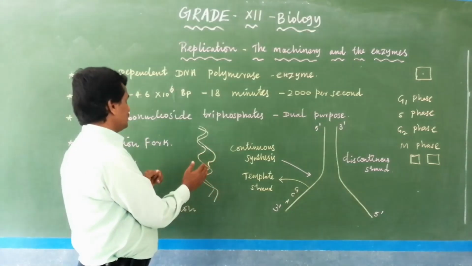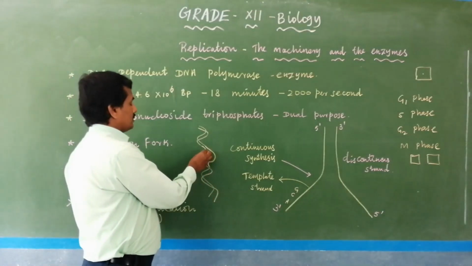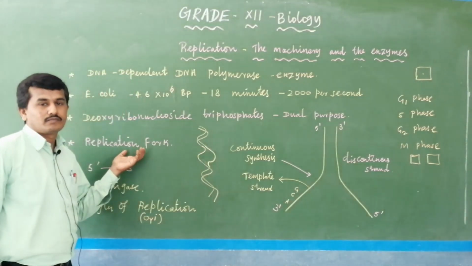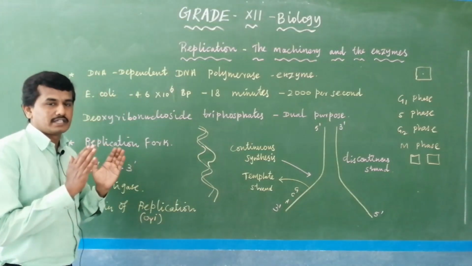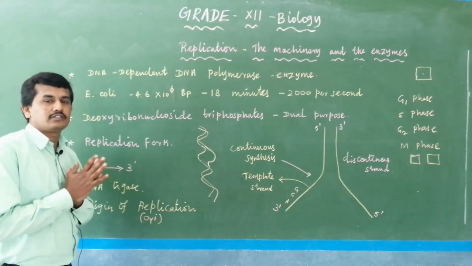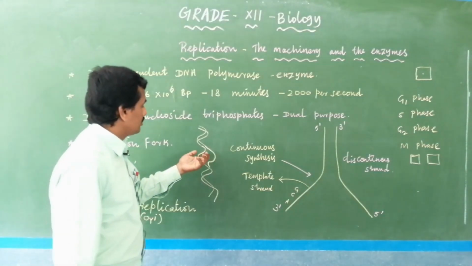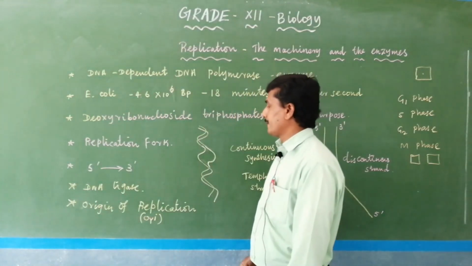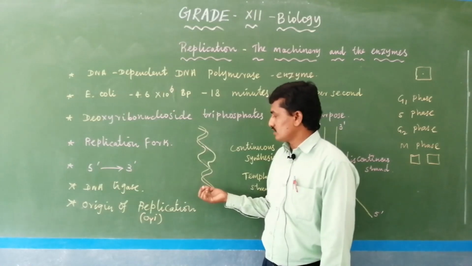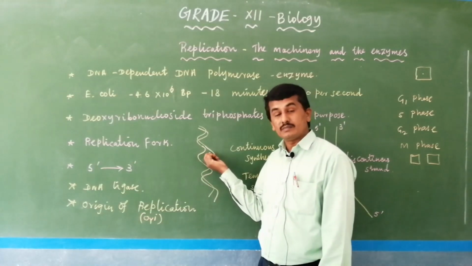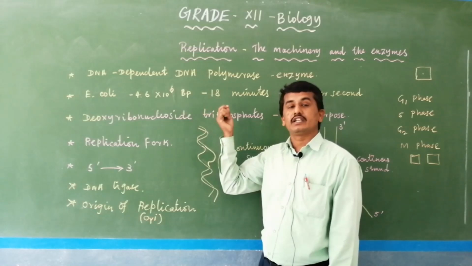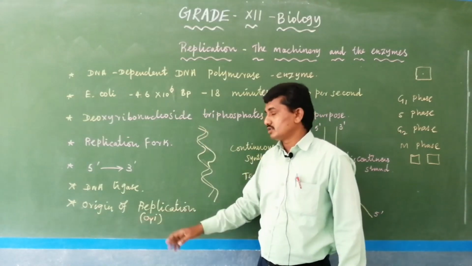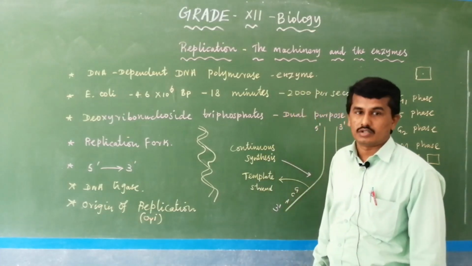After separation, the separating area, where the DNA gets separated for the new synthesis of DNA, is known as the replication fork. It is the place from which the DNA starts the replication, and that place is the origin of replication.